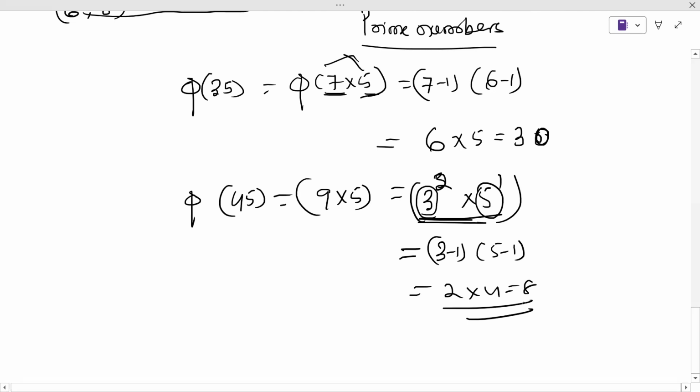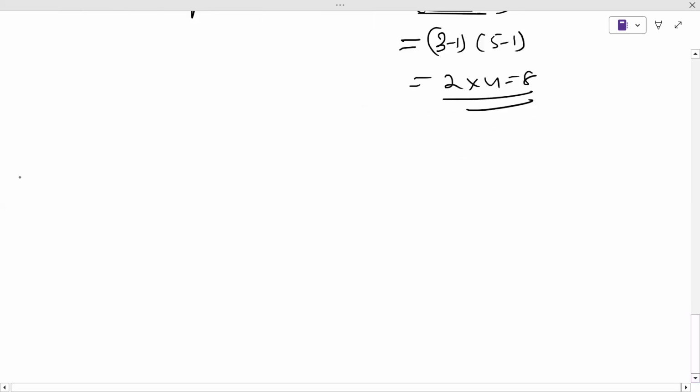But in the case of a composite number, what will we do here? When we consider, what are the composite numbers?